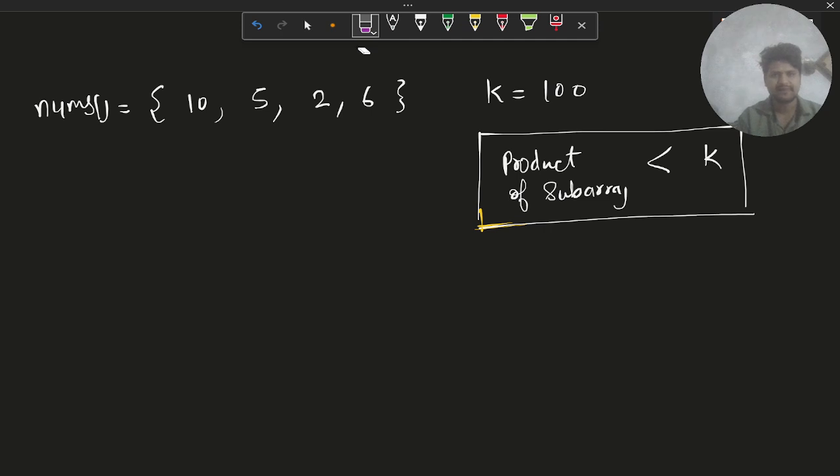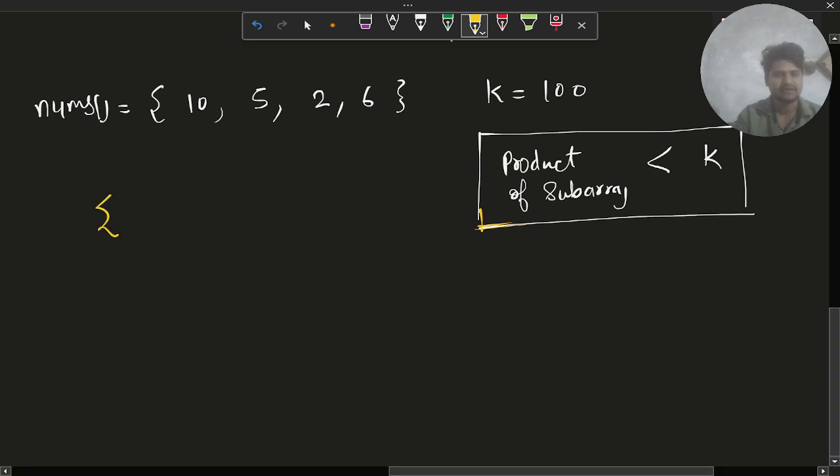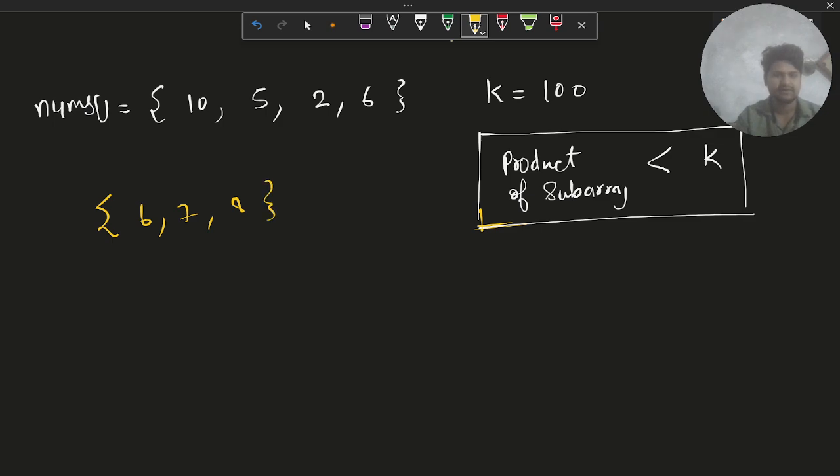Now let me walk through a concept. Say you already have the elements 6, 7, and 8, and then you include 9.